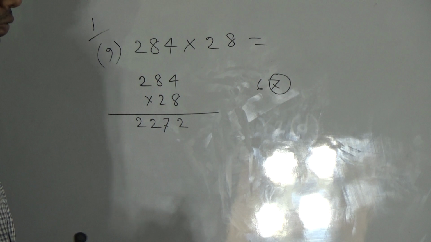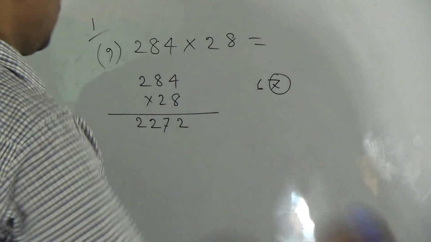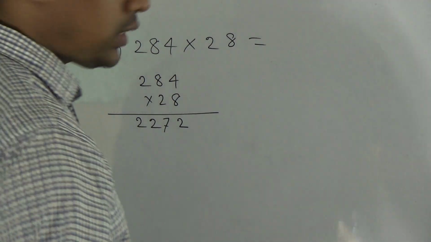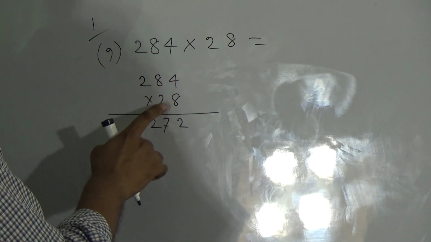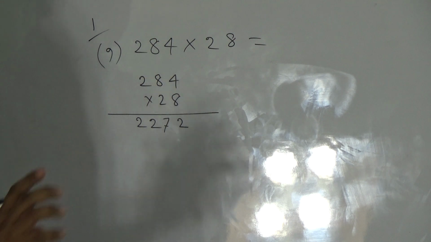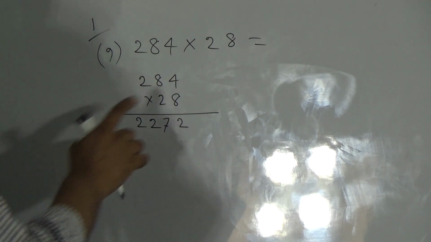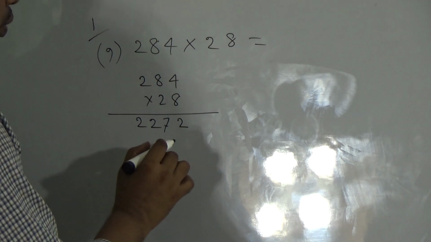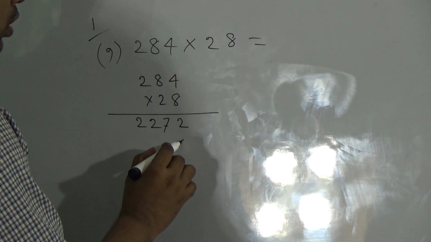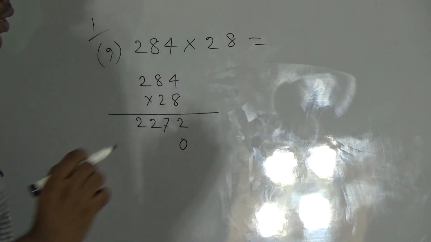Here the students, we have finished one step, first step. Now we'll do second step. And in this step, we have to multiply 284 by 10's place digit 2. Since we will multiply this number by 10's place digit, so at first we will give 0 in 1's place digit.